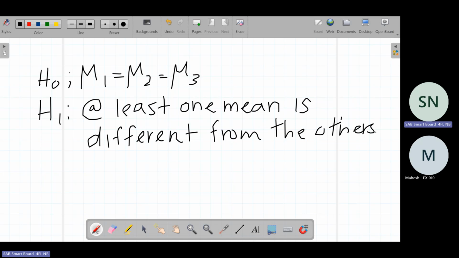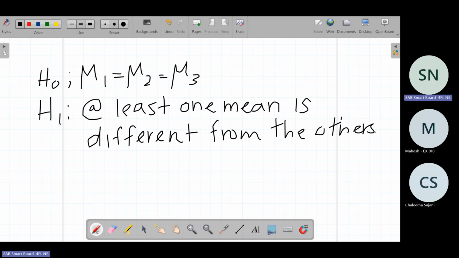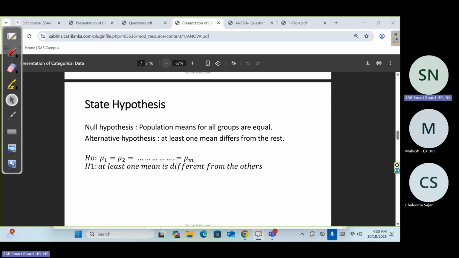Okay, then this is the structure of H naught and H1 under the ANOVA test. Then assume we have 4 groups. Then H naught is mu1 equal mu2 equal mu3 equal mu4. Understood? Then what's the H1? At least one mean is different from the other. It's clear why only one objective is there. Here we can only check the mean comparison. Now clear? Okay. Then after that we need to find out the test statistic.